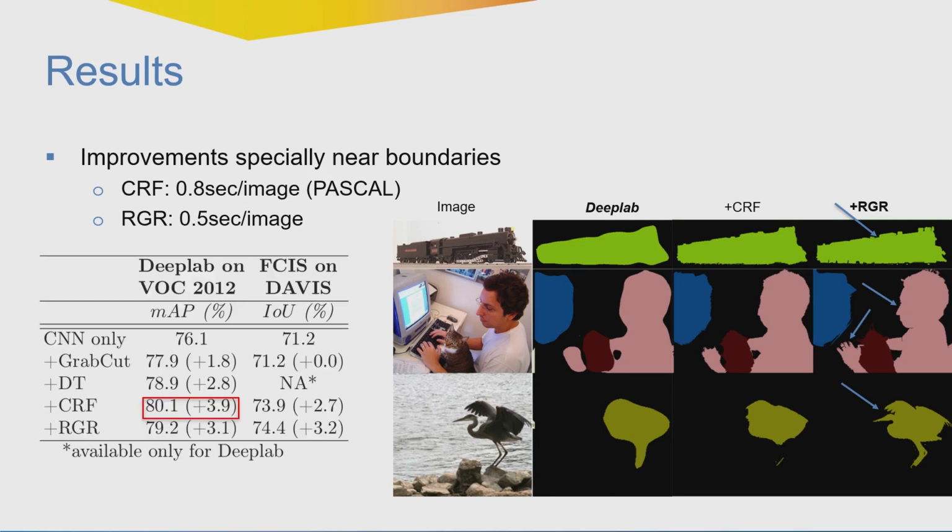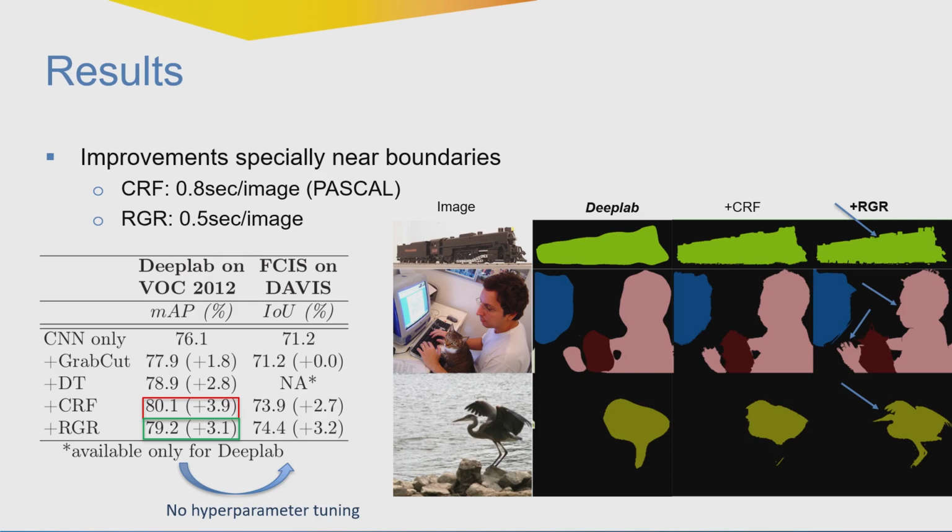In terms of a little bit of metrics, very shortly, if you have the conditional random fields heavily optimized for the network itself, let's say DeepLab, and the dataset itself, it performs a little bit better than ours.